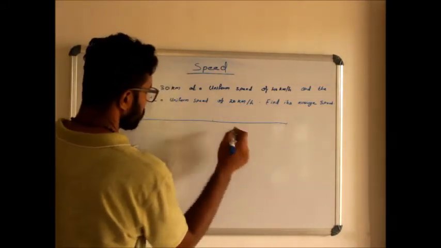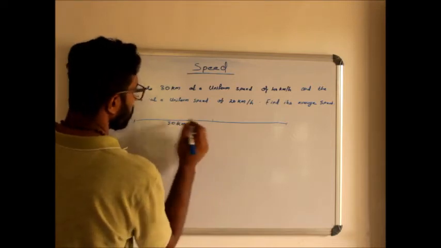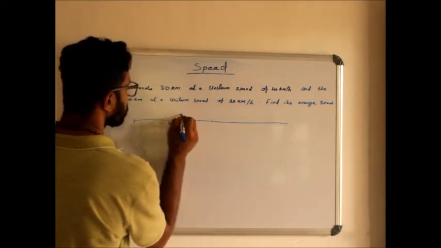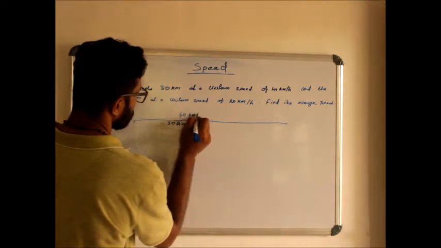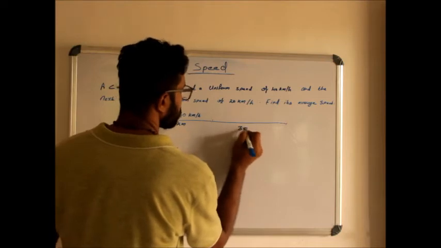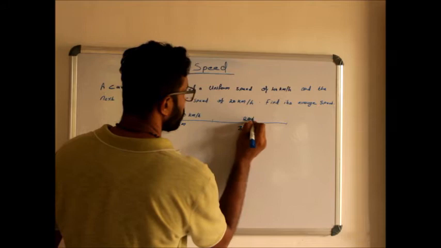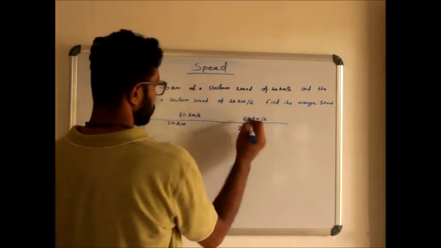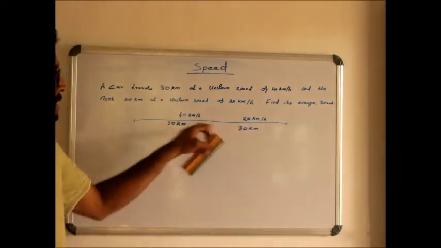So the first half, that is 30 km, it traveled at a speed of 40 km per hour, and the next 30 km at a speed of 20 km per hour. So that is the speed.